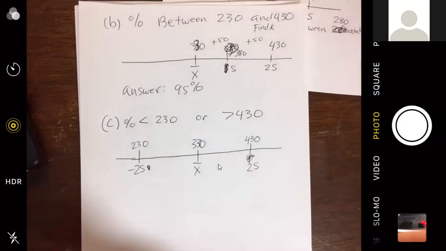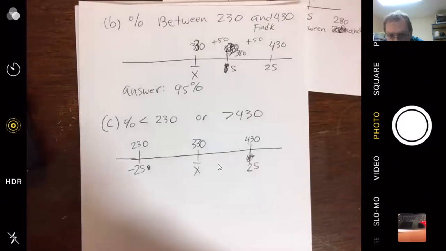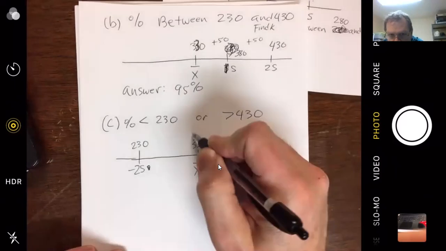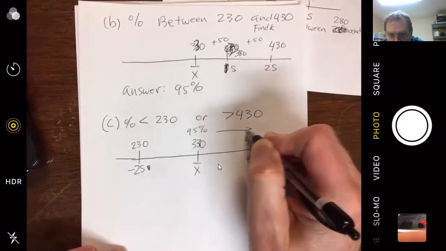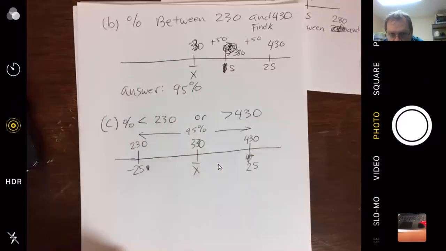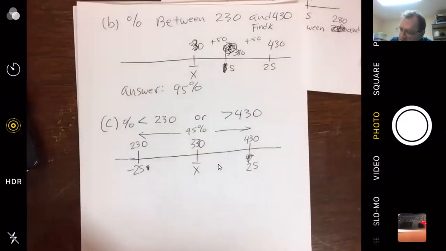Yes, please. Okay, I'm going to show that here. The writing, like I say, it's about 10 seconds behind. Here I go. Okay, so they're asking the percent less than 230 is over here.